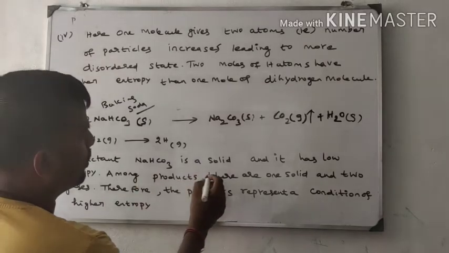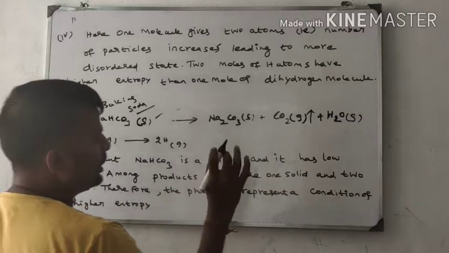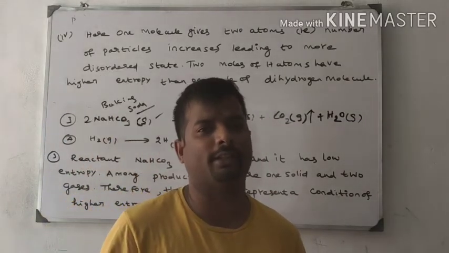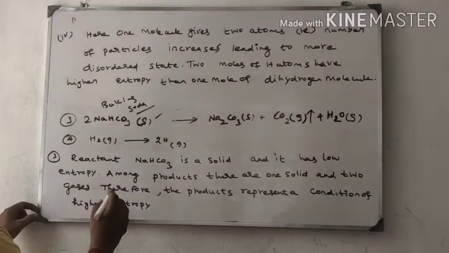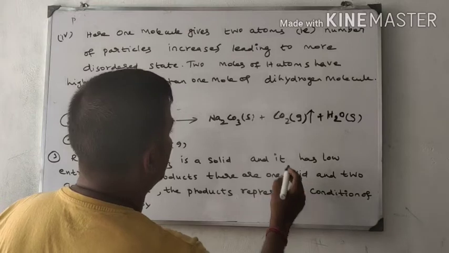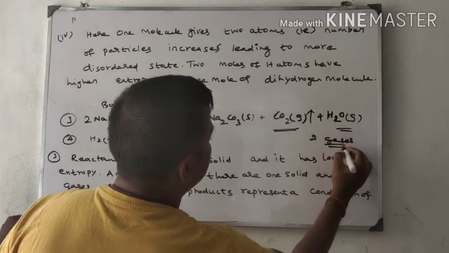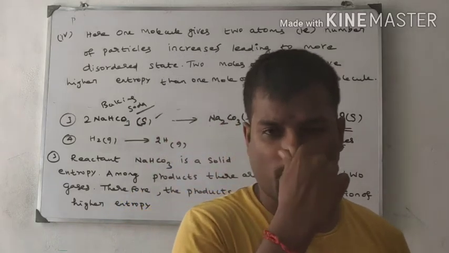The reactant sodium bicarbonate is a solid and it has low entropy. Solids always have low entropy because in a solid the intermolecular force of attraction is strong and atoms are orderly arranged. Among the products there are one solid and two gases. In gases the intermolecular forces are very weak, so they move here and there.